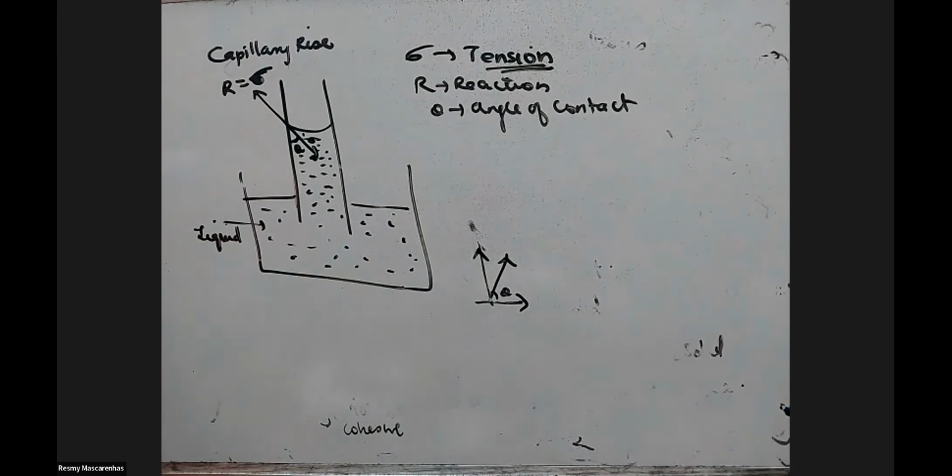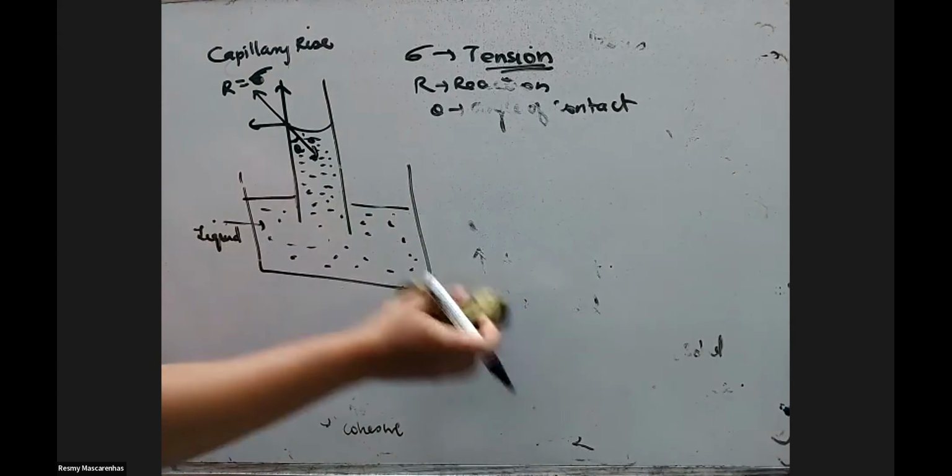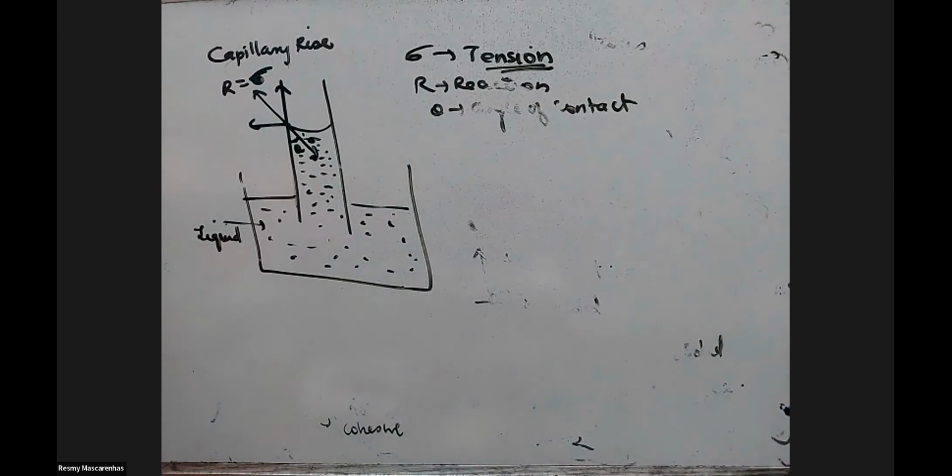In the same way, this also will split into two parts. With reference to this arrow, you can just twist this and see. This is R, no? So this is your horizontal one for this.